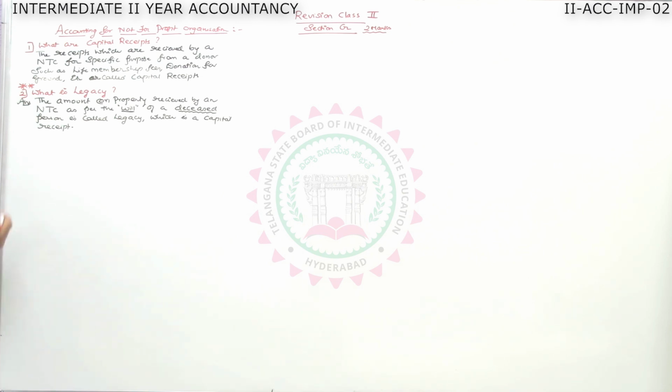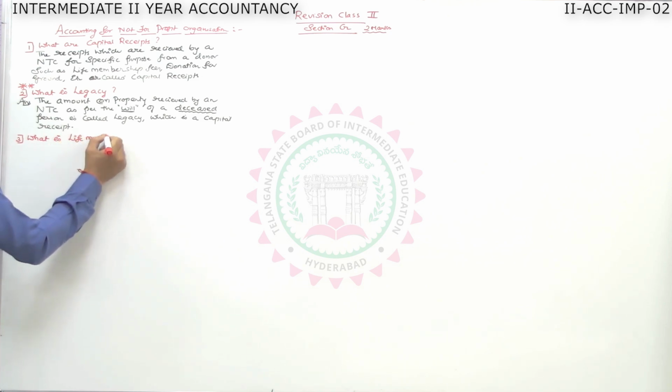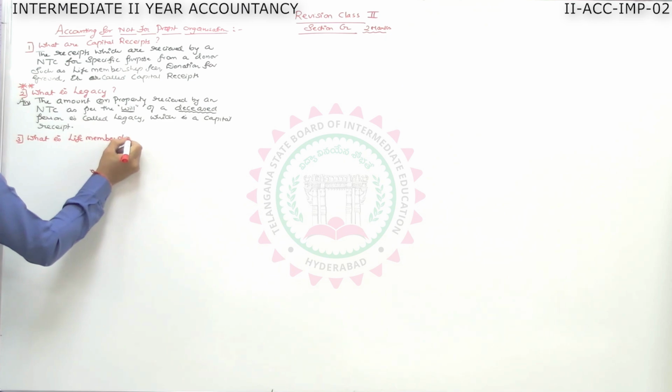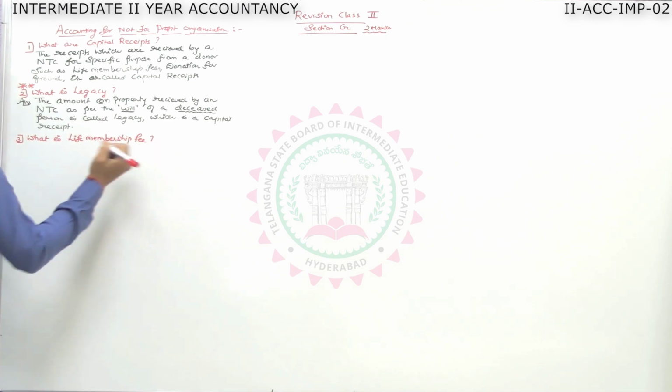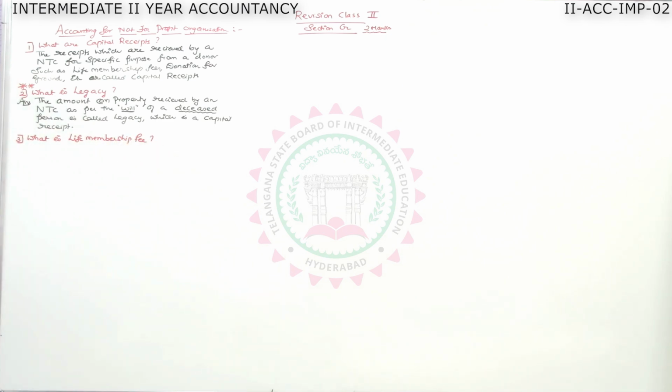Then, next important question, what we expect from this particular chapter. Then, you can expect the examiner to ask you, what is life membership fees? If you see, the answer is lying in the question itself, dear.